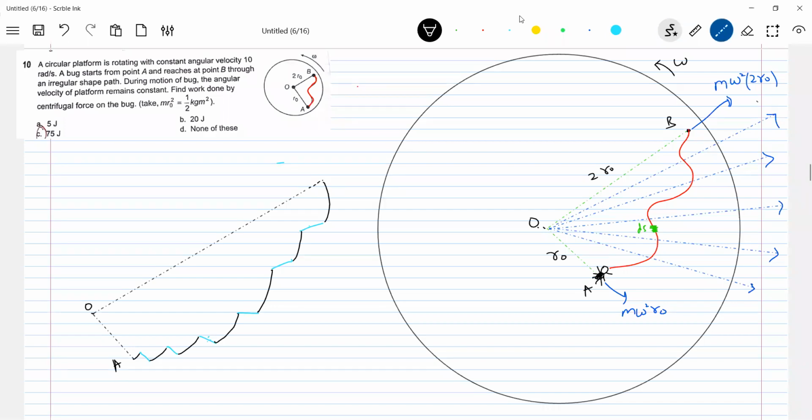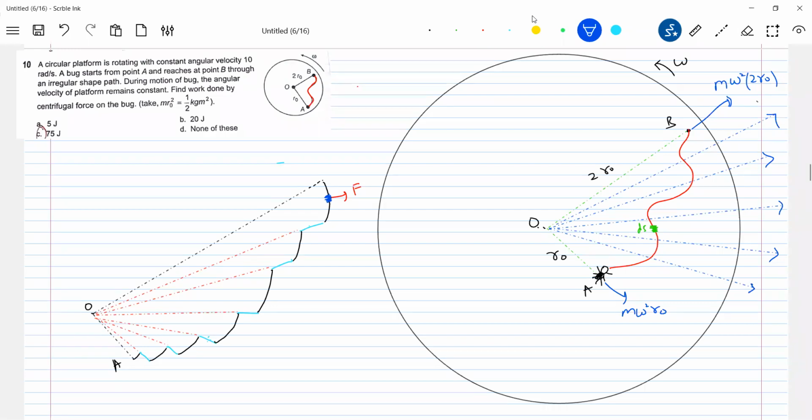Now see this. Here it will be perpendicular. The centrifugal force that will be acting will be perpendicular to the displacement.